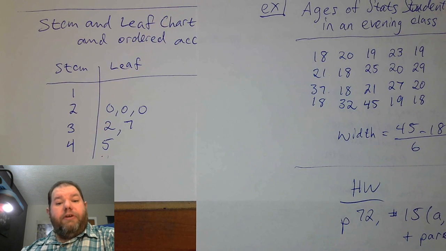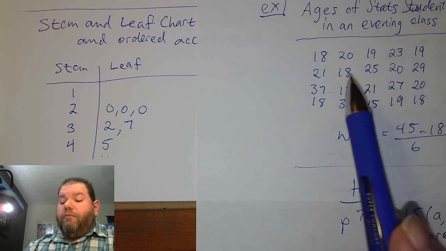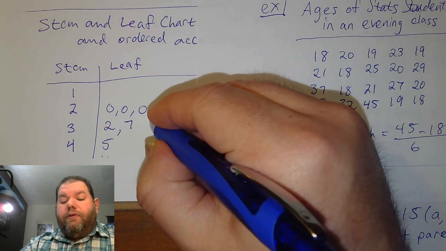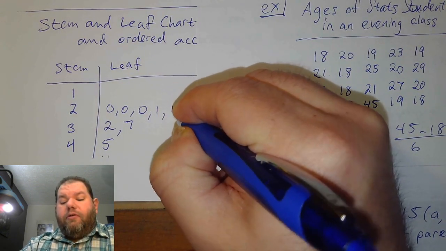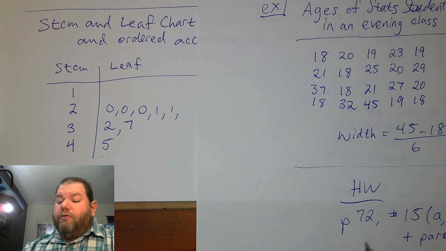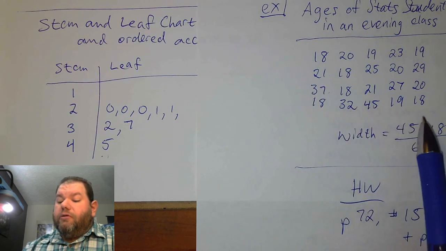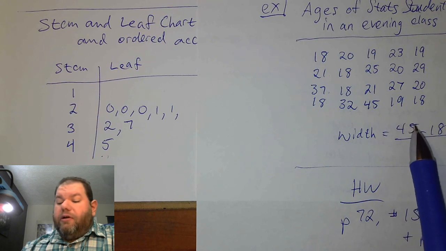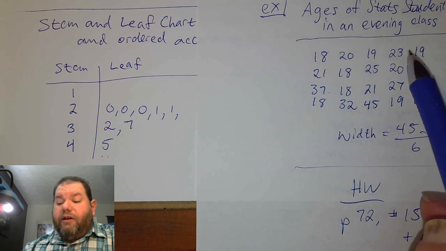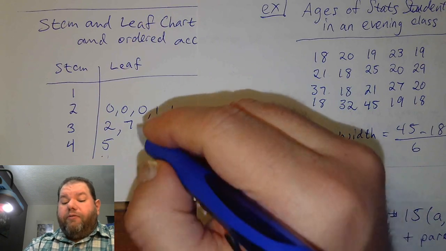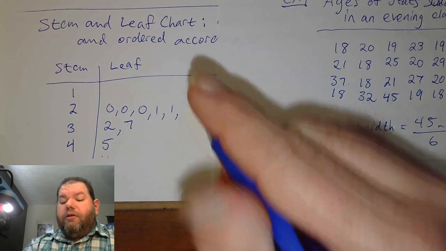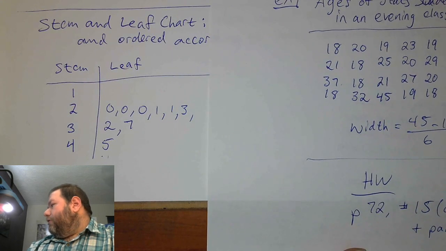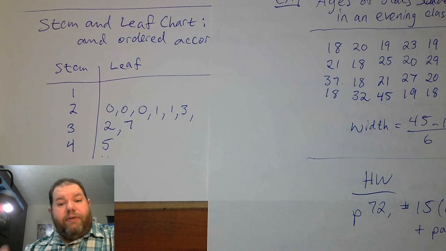And then we go through and look at 21. 1, 2, just 2 21-year-olds. 22. We may not have had any 22. So next would be 23. That'd be 1, 23. And then we look at 24, 25, 26, and so on.